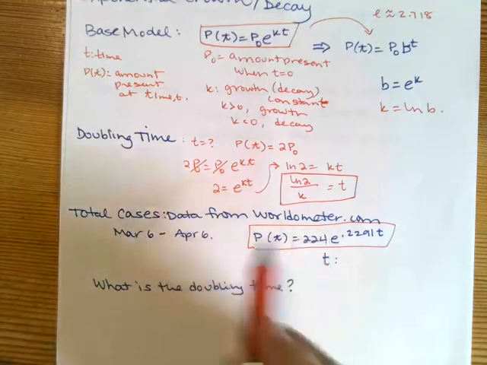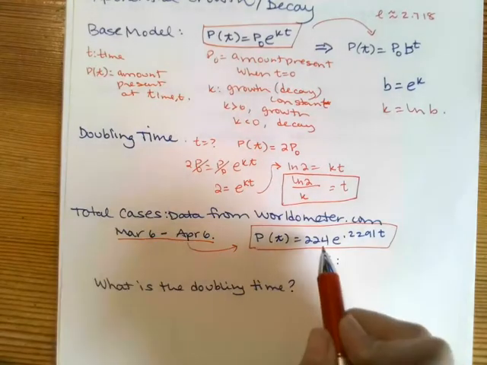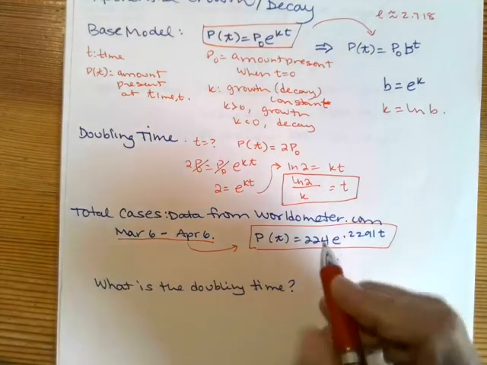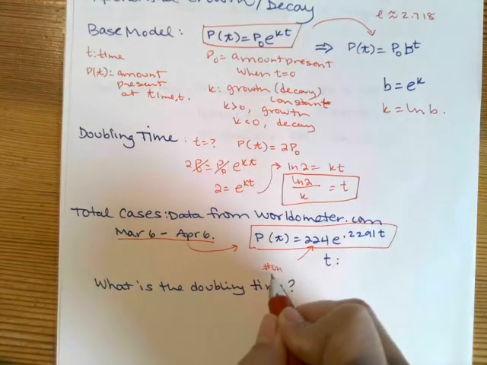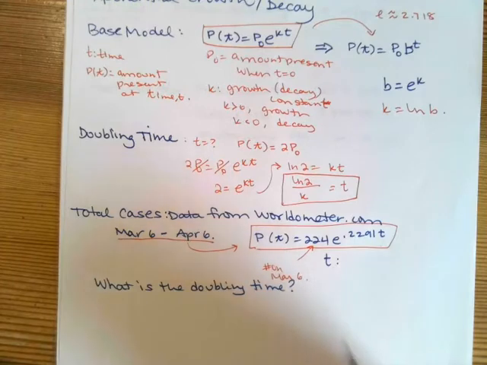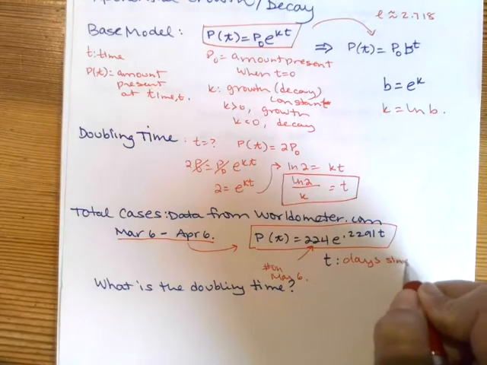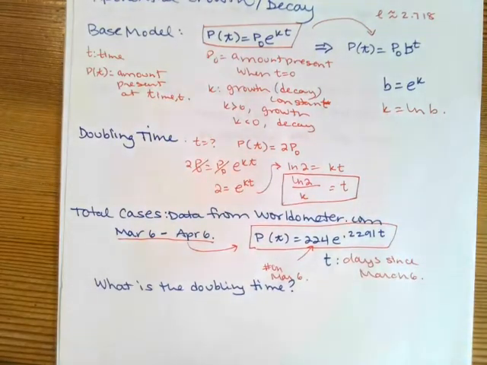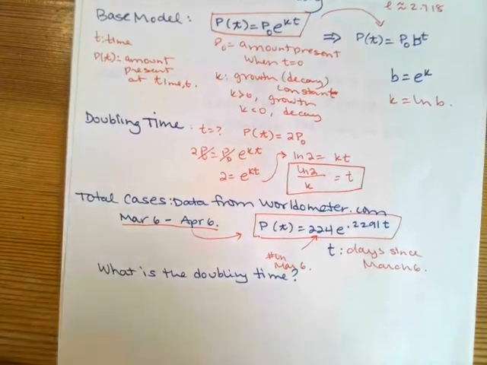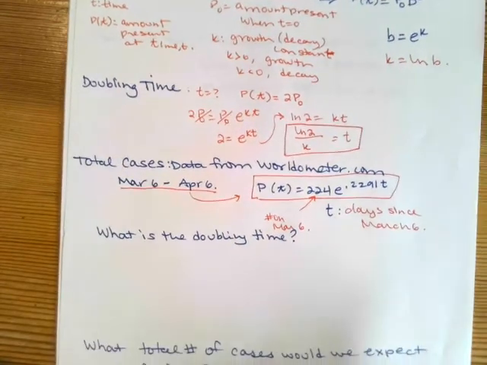My model comes from this set of data, March 6th to April 6th, so t is going to be days since March 6th. It works pretty well for these dates, and it starts to fall apart for dates after that.